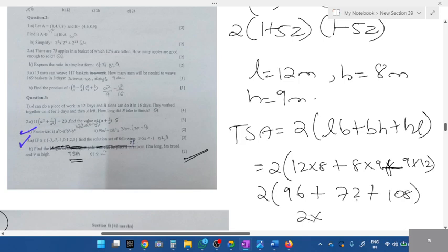Okay, what's the value for this, students? 276. Correct, answer is right. What's the answer? 552.